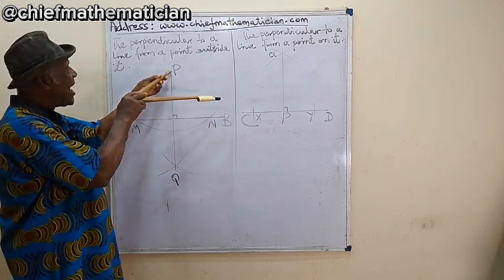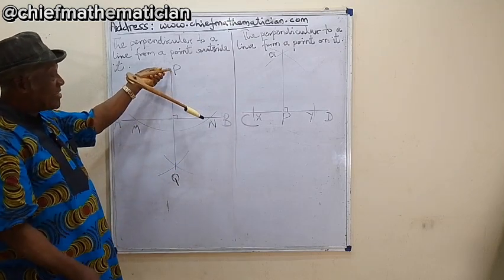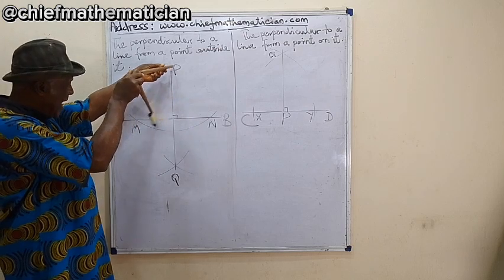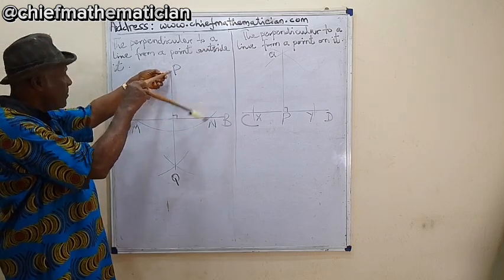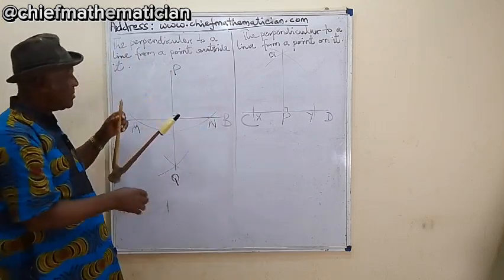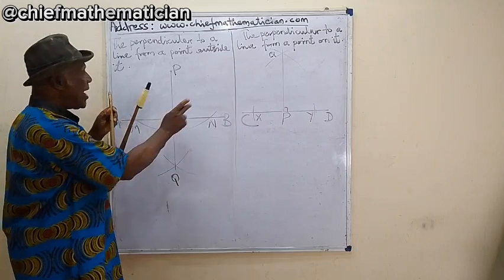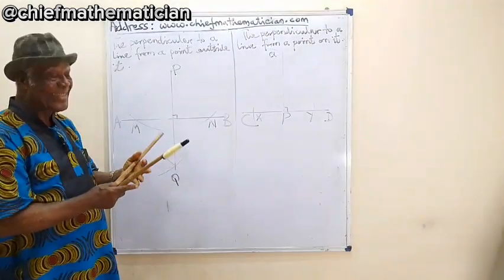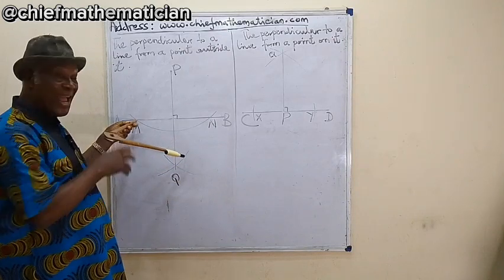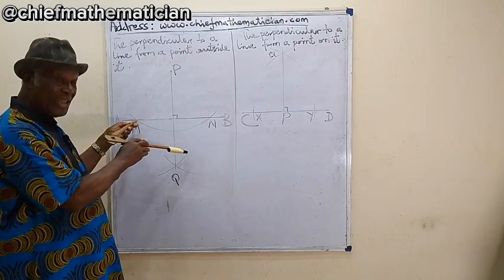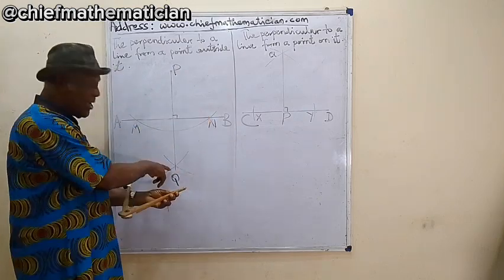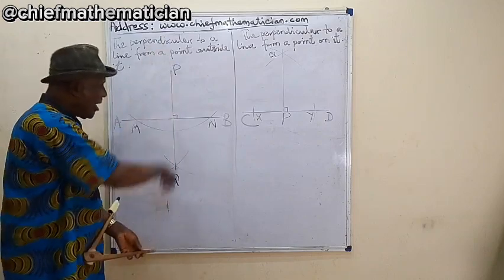Let me go over it again. With P as center and a convenient radius, you describe an arc to cut AB at M and N. Then, using M and N as centers and another convenient radius, you describe arcs to cut each other at the point Q. Join PQ.